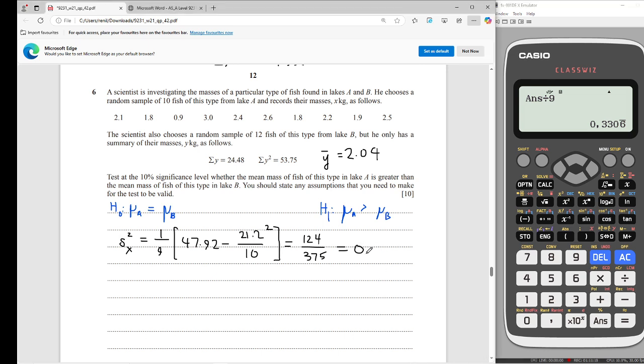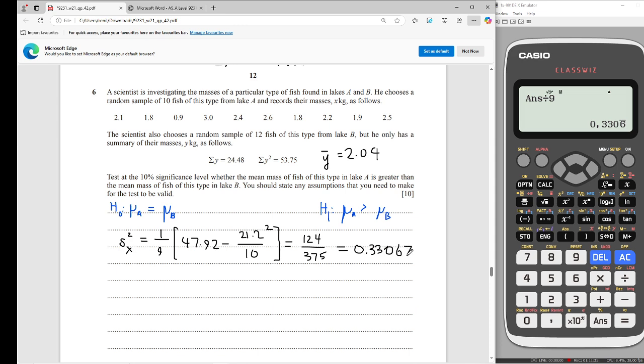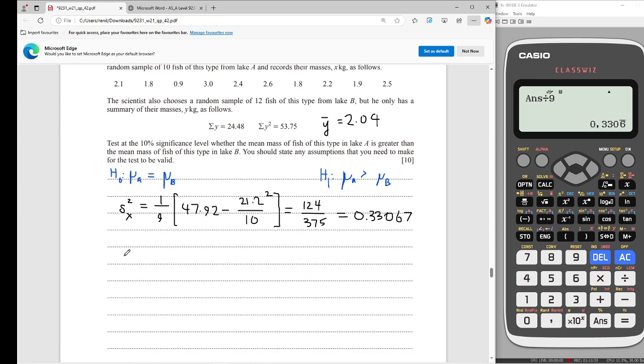This is the value that we're going to use in calculations on screen. However, this is the value we're going to put on our paper, just so that they know we have the decimal value indeed. Okay, so for s squared y we follow the same logic, except we use the y values. So it's going to be 1 over 11 this time, because y has 12 samples.